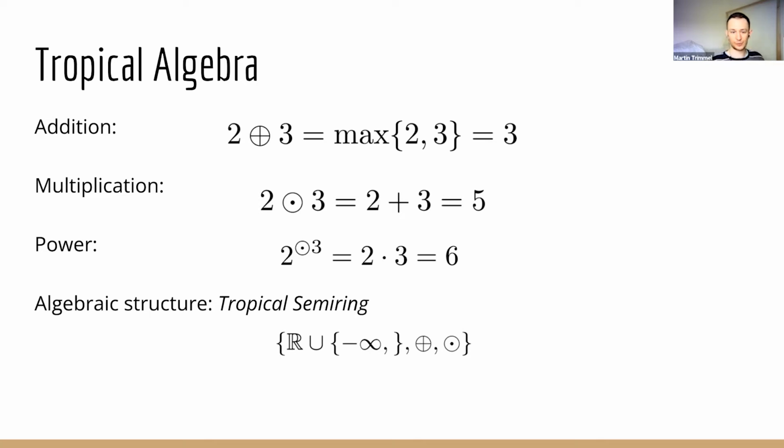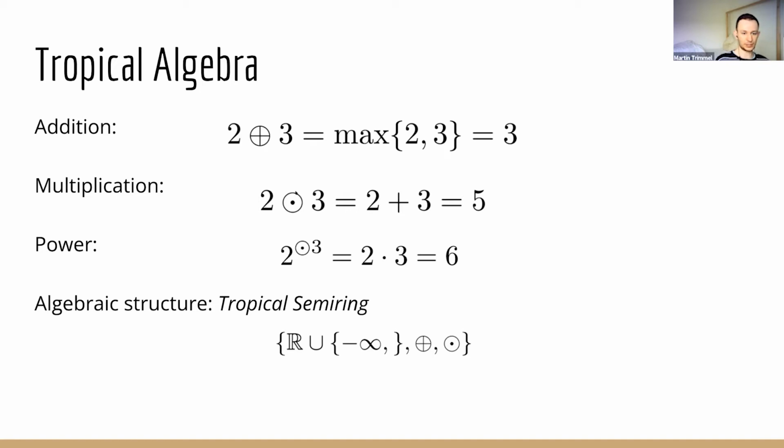Tropical addition replaces ordinary addition, and tropical multiplication replaces ordinary multiplication. The tropical sum of two numbers is the same as their maximum. Hence, the tropical sum of 2 and 3 is the maximum of 2 and 3, which is 3.